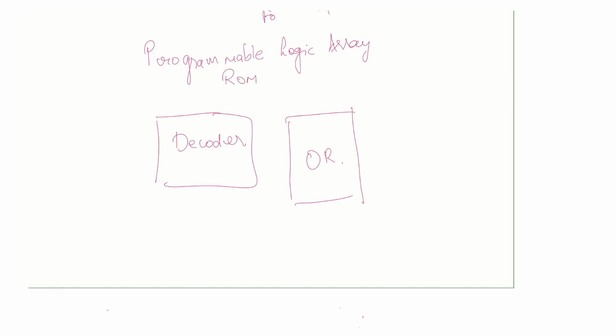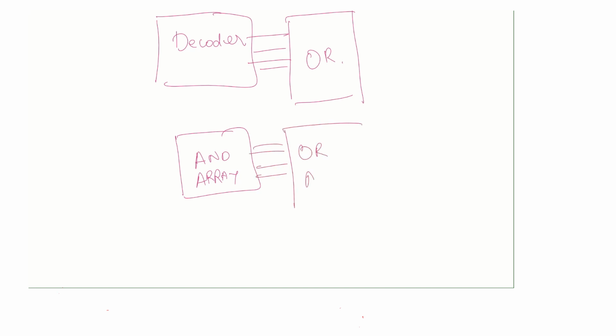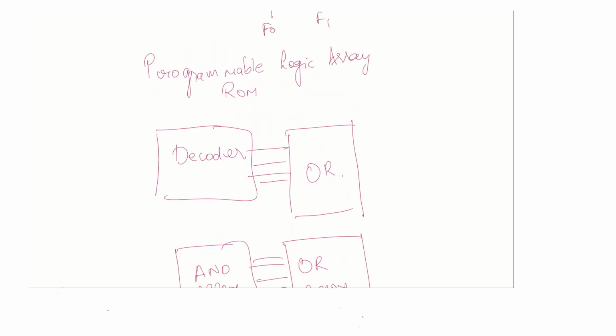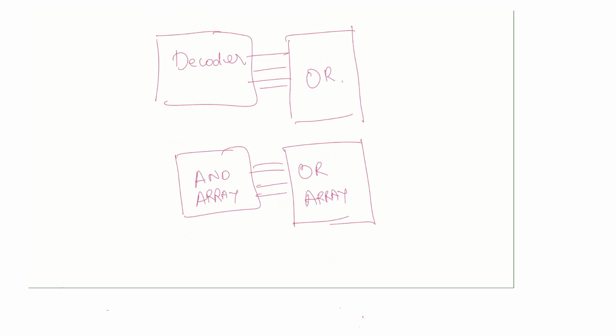But if I replace this decoder with an AND array and this goes to an OR array, this becomes a programmable logic array. So we are replacing the decoder with an AND array.